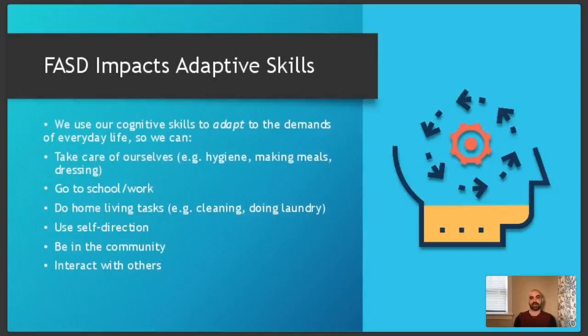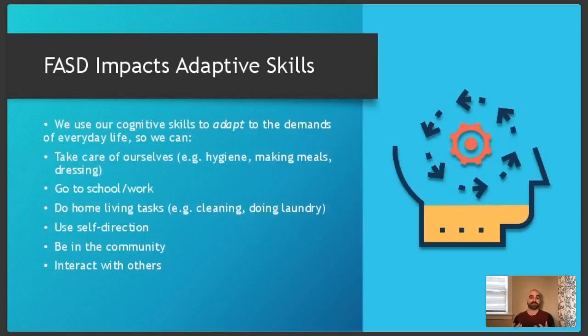So additionally, FASD will impact a person's everyday, what we call adaptive skills, because we use our cognitive skills to do things, right? So if you don't have the cognitive skills, then you're not going to be able to do a lot of these everyday activities that you need. So things like taking care of yourself, keeping your hygiene, making your meals, going to school, going to work, self-direction, being able to be in the community and interact with other people.